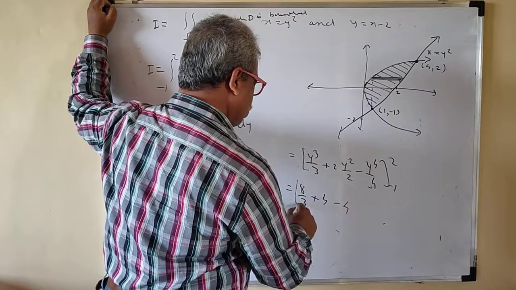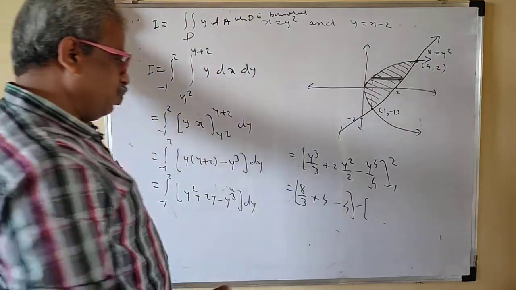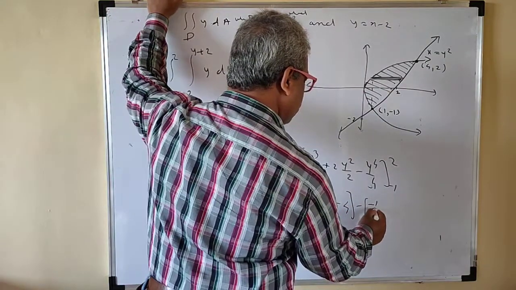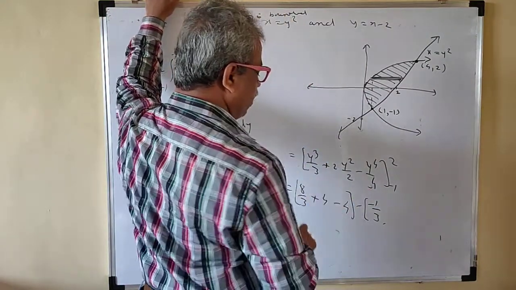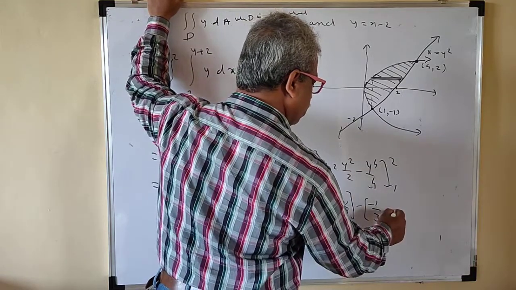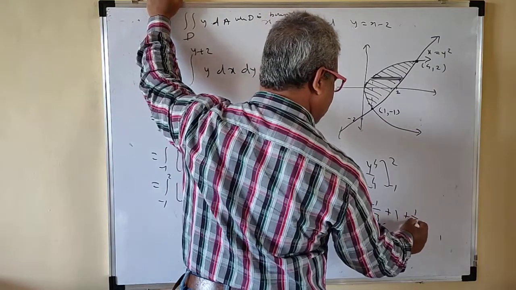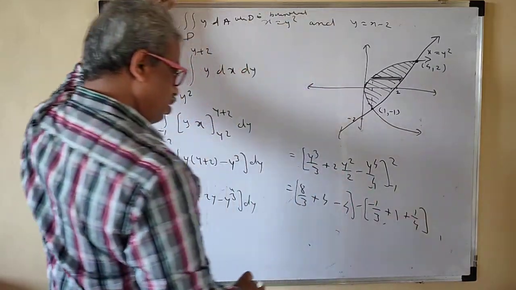Now we put the lower limit: -1 by 3, plus 1, plus 1 by 4.